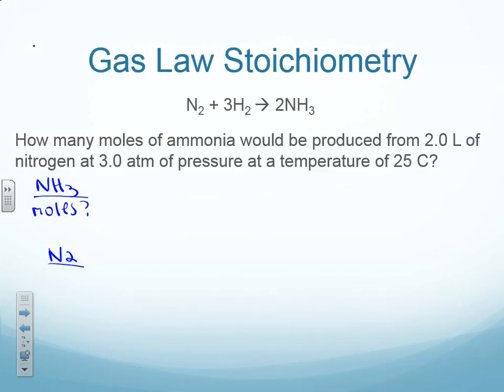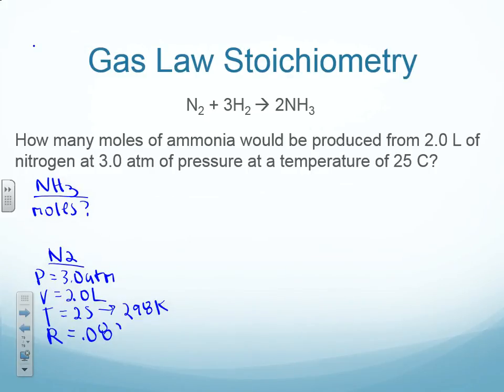Okay, so we're given some information about nitrogen. We're given the pressure. We're given the volume. We're given the temperature, which is 25 Celsius, which would be 298 Kelvin. Okay, and then R is always the same for ideal gas law. So we have enough information here about nitrogen to find moles. Okay, once we have moles of nitrogen, we can go ahead and solve for moles of ammonia.